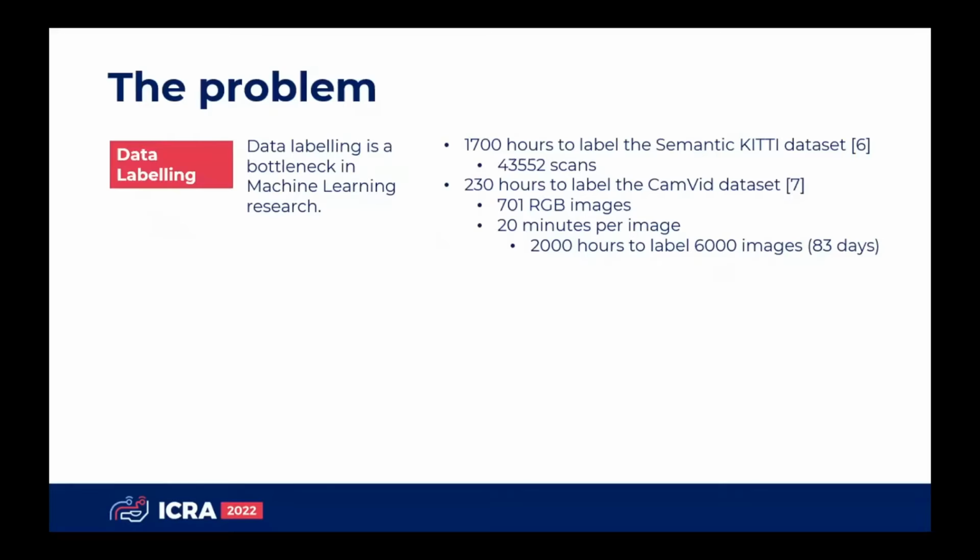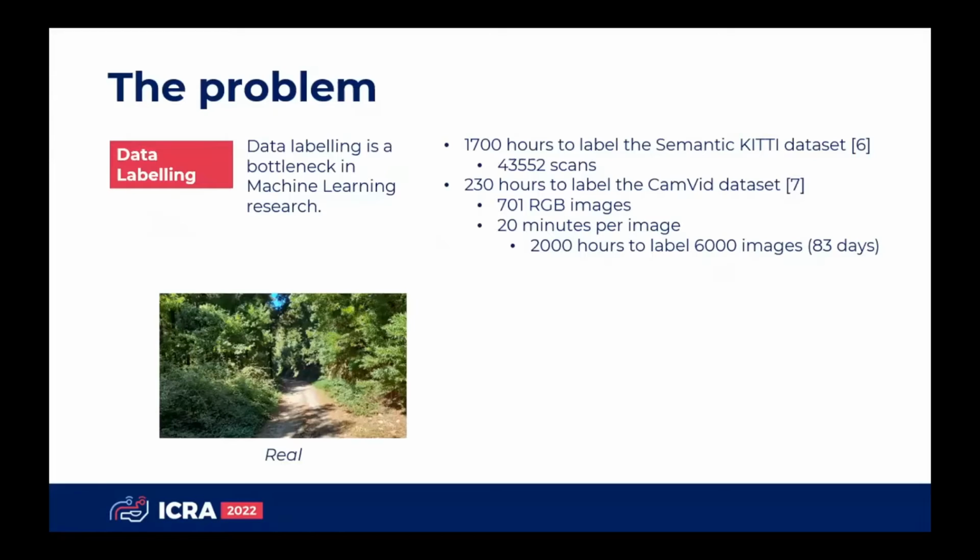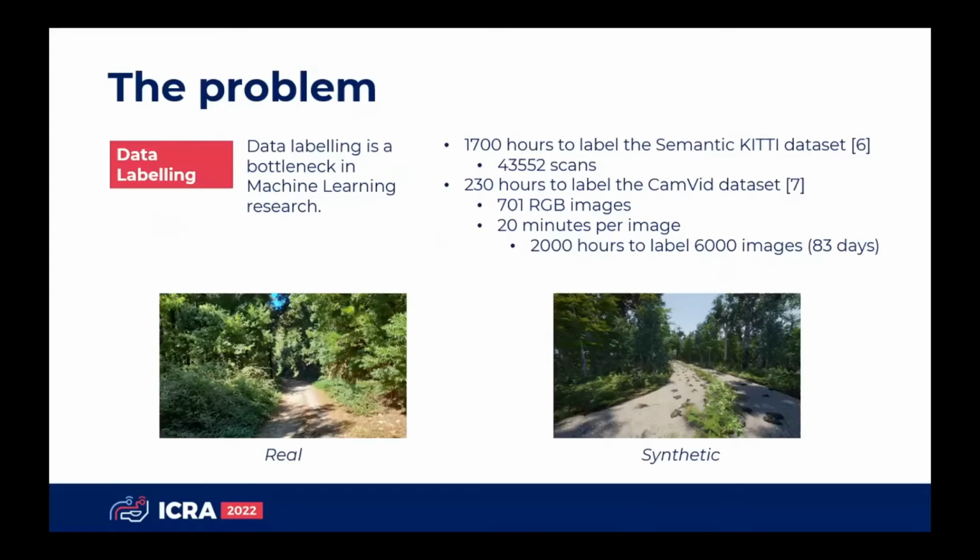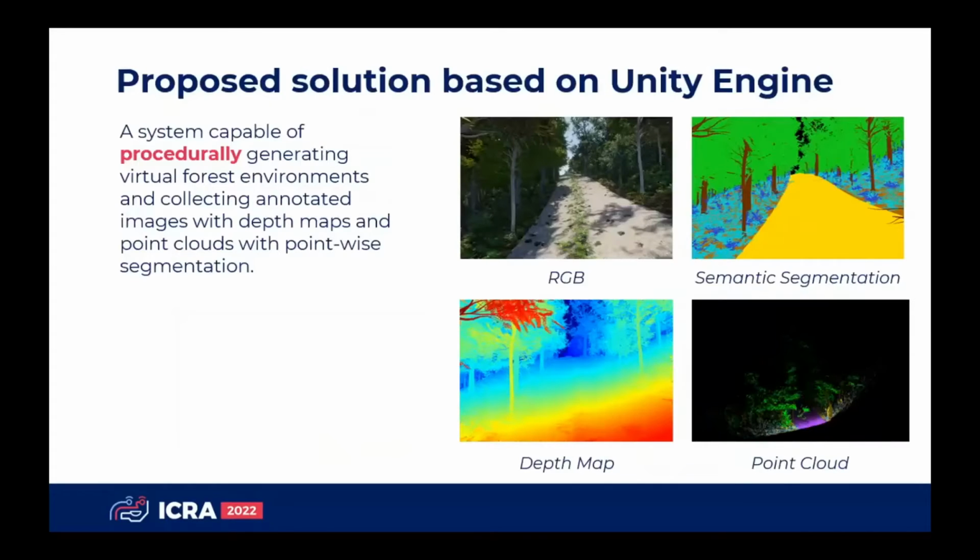In forest, we don't have those geometric features that we have in an urban scenario. So the idea is, instead of using real world images, why can't we generate synthetic data? And if we have some control on the generation process, then we are going to have the labeling automatically solved.